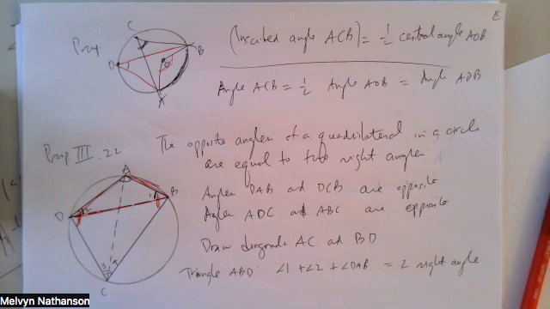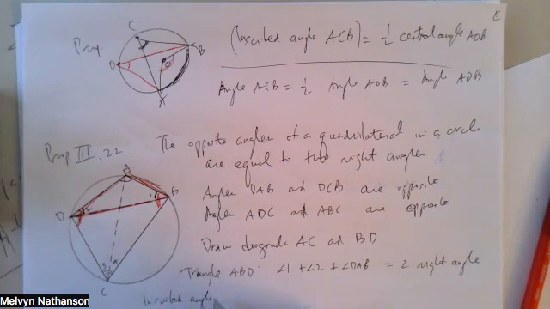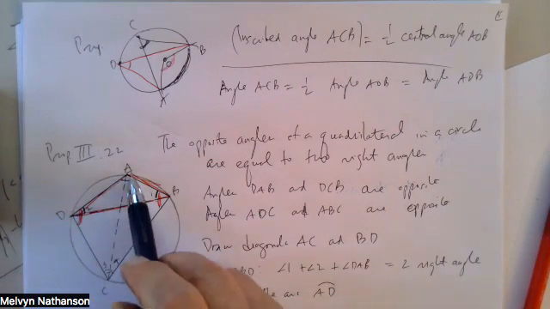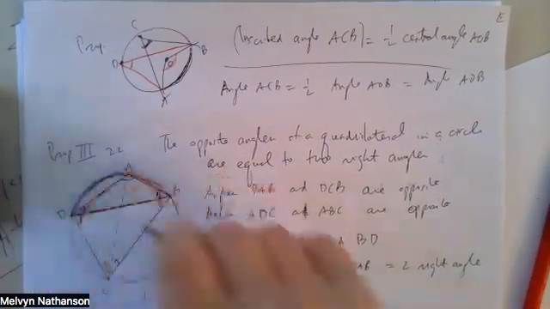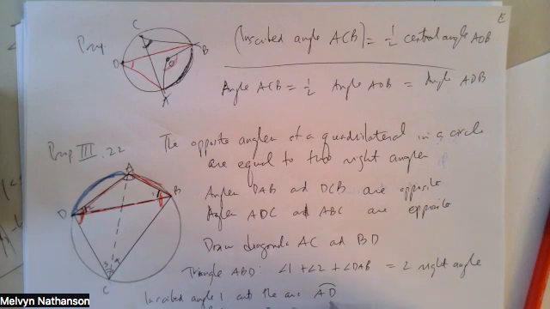Now, inscribed angle 1 cuts the arc of the circle from A to D. If you look at angle 1, it cuts out this arc from A to D. And inscribed angle 3 cuts out the same arc.